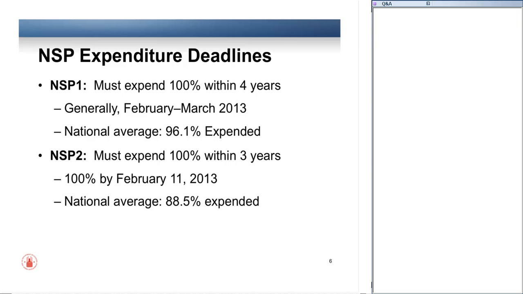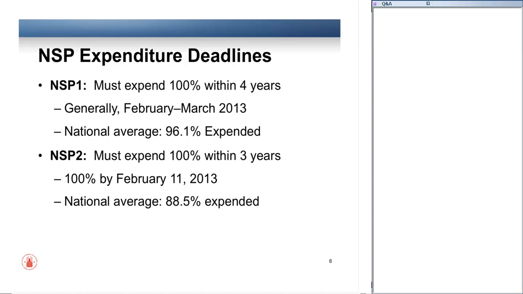And let me mention that if you haven't been frustrated by it yet, and we'll talk about this more, the DRGR system has been having some capacity problems that we're working on. What we're trying to do as a result is to clear the decks so that NSP2 grantees will have less competition as they approach their February 11th deadline.